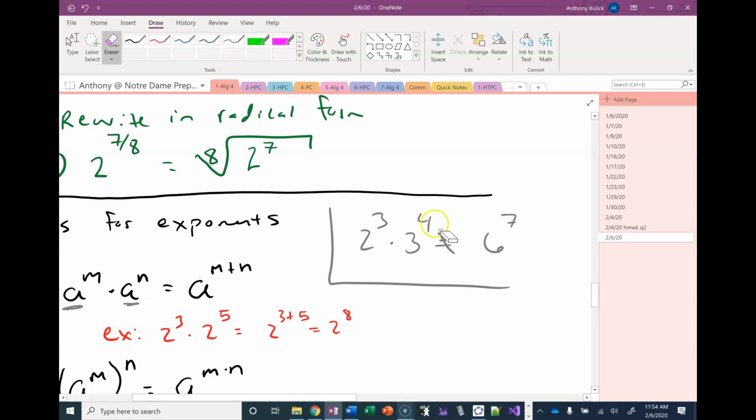Now, what is okay is if you have 2 to the 3rd times 3 to the 3rd, that is the same thing as 6 to the 3rd. That is okay to do. Either the bases have to be the same, and then you add the exponents, or the exponents have to be the same, and then you can multiply the bases.